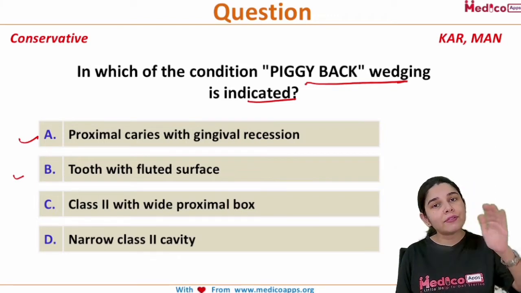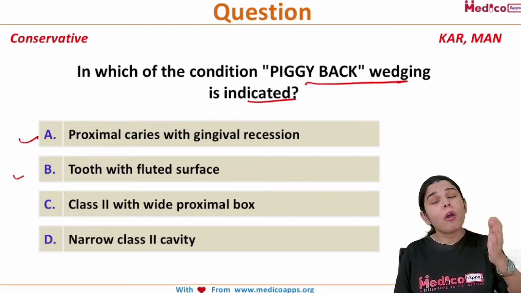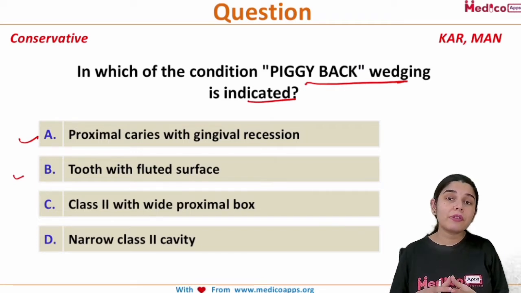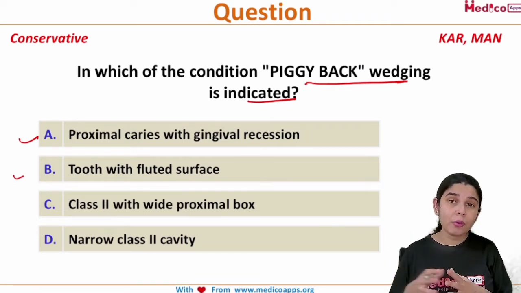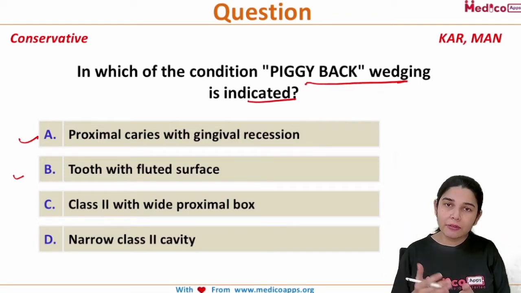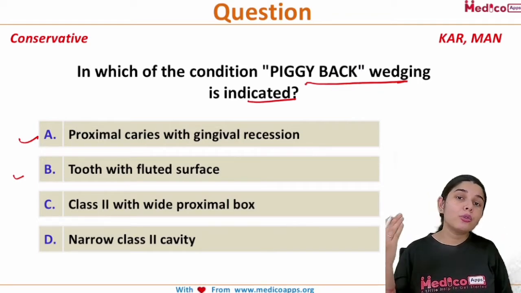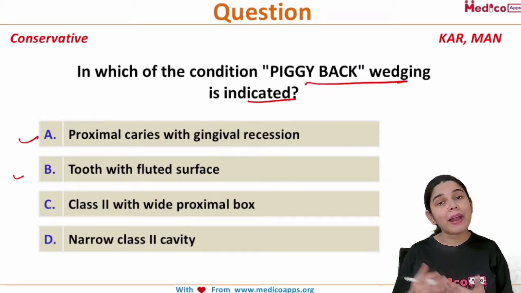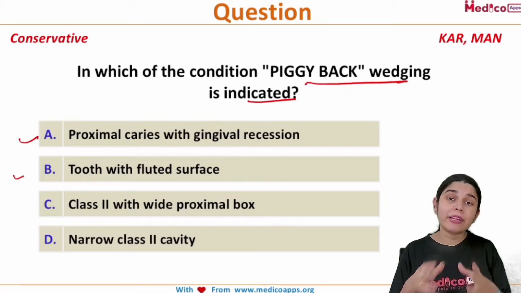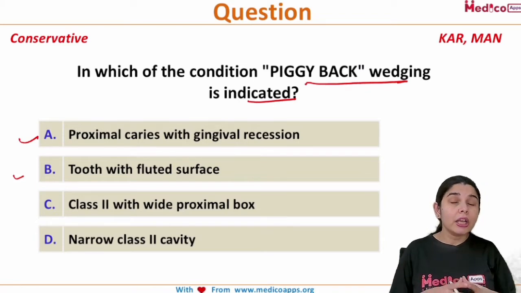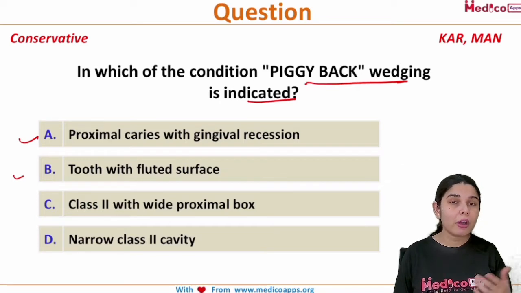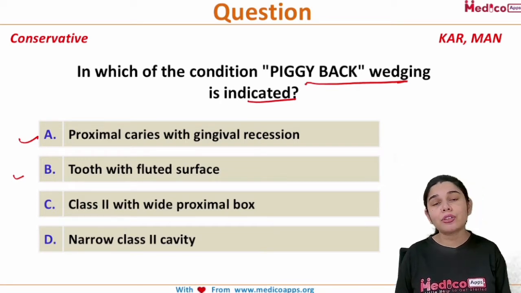The concavity of the fluted surfaces, which is present basically on the mesial surface of the maxillary premolars, makes the band retain in the band matrix placed on that particular tooth. So is the wedging technique indicated there? Option C is class 2 with wide proximal box, and option D is narrow class 2 cavity.